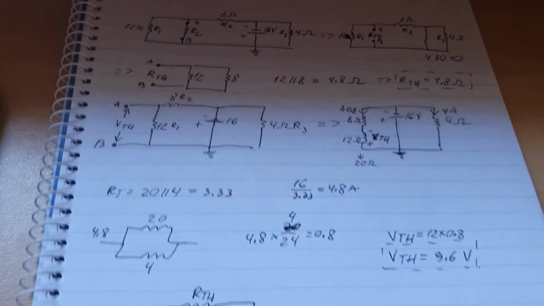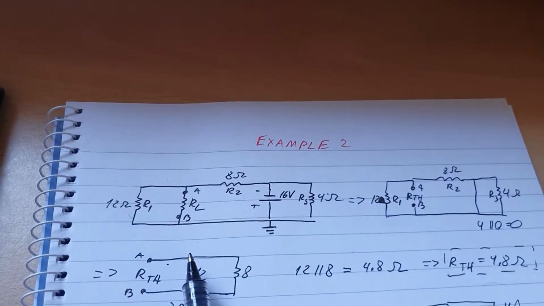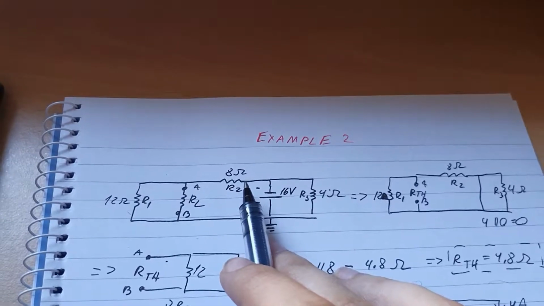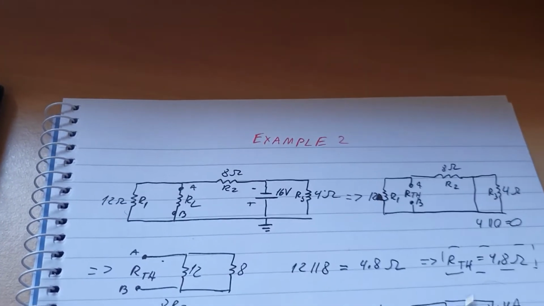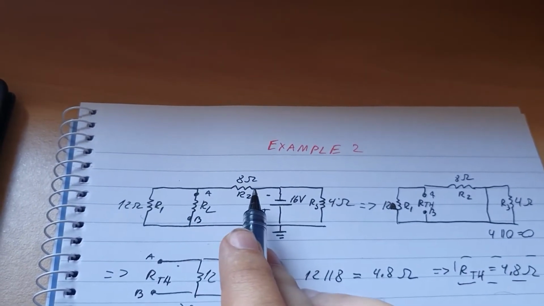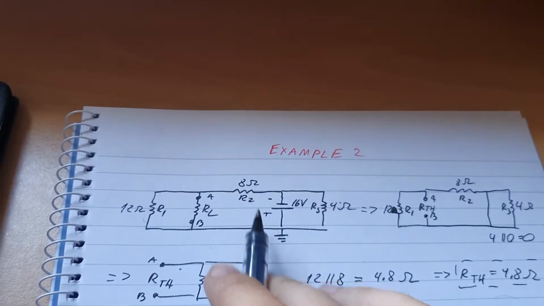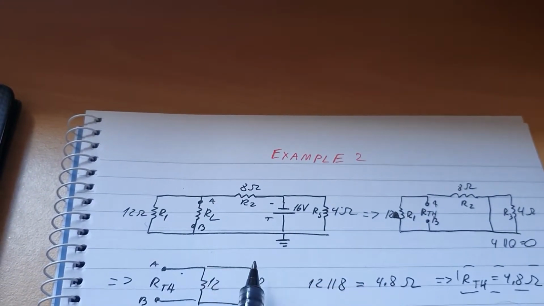All right. I think the only condition is it has to be in parallel with something. I'm not sure if you can actually use R2. I should look into that. But I don't think you could, because it will break this circuit here, and as a result there will be only these two. I mean, it might still work.